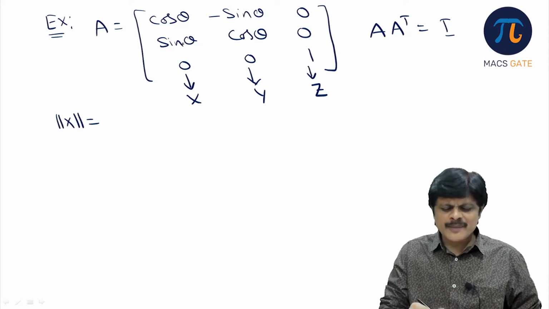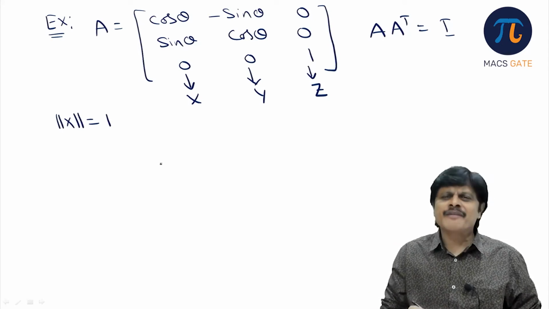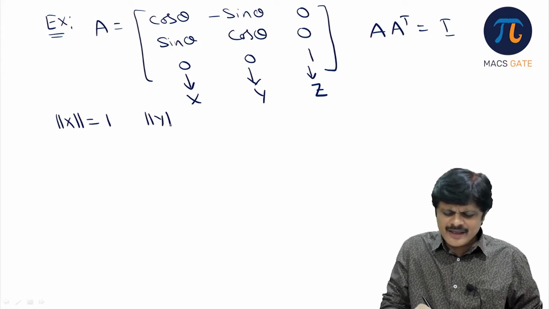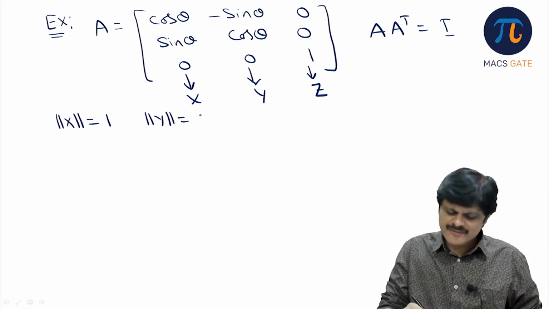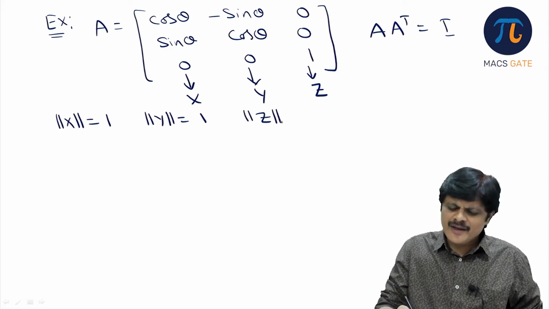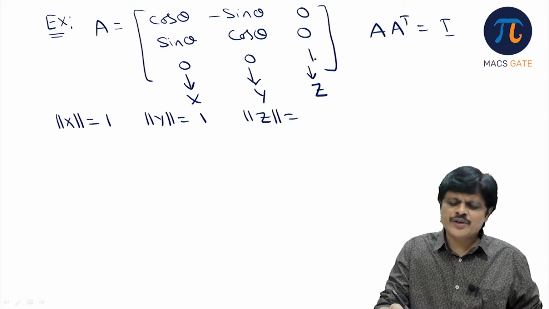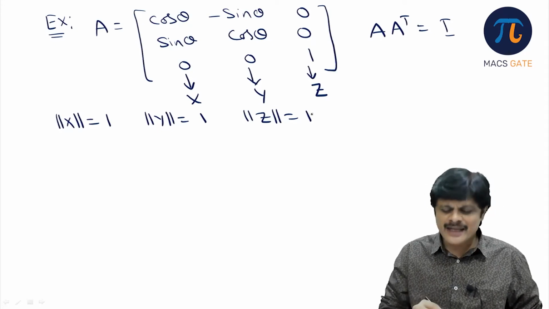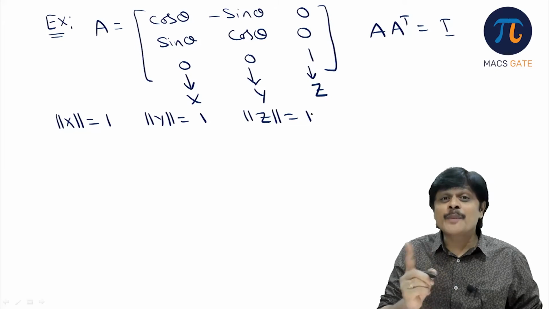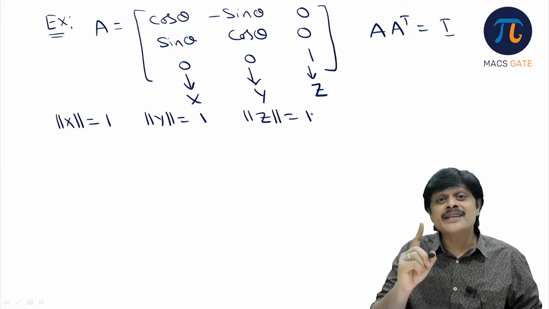You know cos square theta plus sin square theta is 1, so length of x is 1. Length of y, sin square theta plus cos square theta is 1, so under root 1 is 1. Length of z, 0 square plus 0 square plus 1 square, under root 1 is 1. Directly the length is 1. And the dot product of any two vectors must be 0.